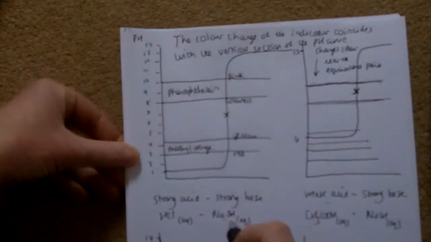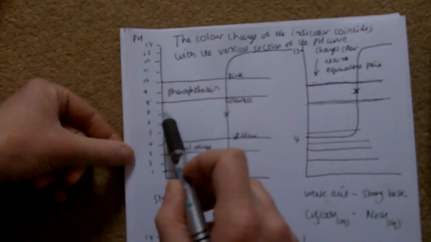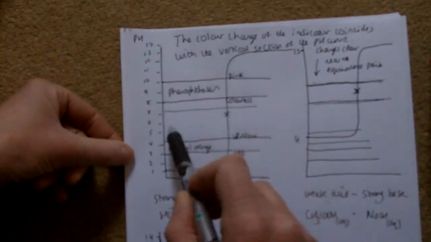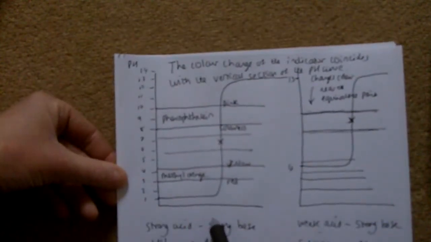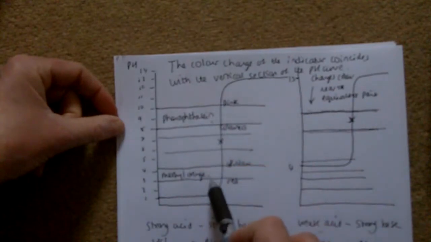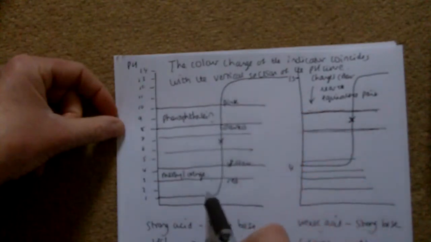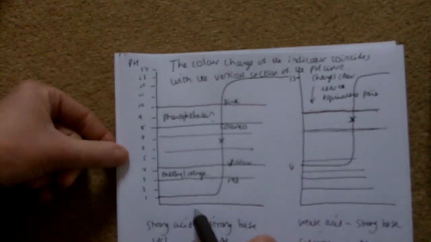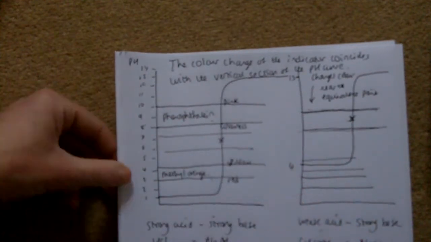So methyl orange is okay as well, but ideally you want an indicator that changes color right in the middle. But if you are doing a strong acid and a strong base titration, you can use either phenolphthalein or methyl orange, because the color change happens on the vertical section of the pH curve. So you won't miss the equivalence point, the end point.